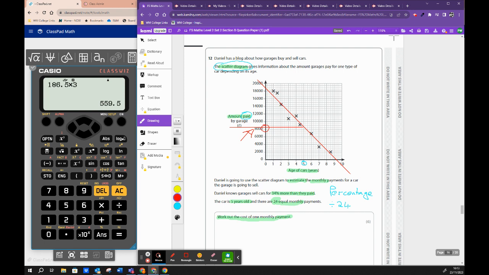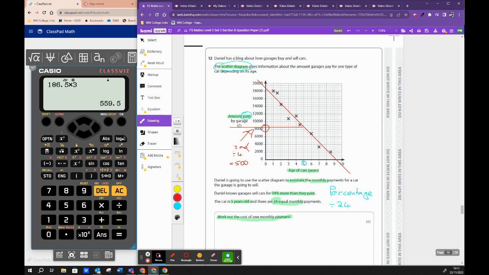You can see that each of these gaps here is 2000, and we've got 1, 2, 3, 4. Okay, and we've got 4 little gaps in between. So each one of these is 2000 divided by 4, which is 500. So each one of these steps here is 500.